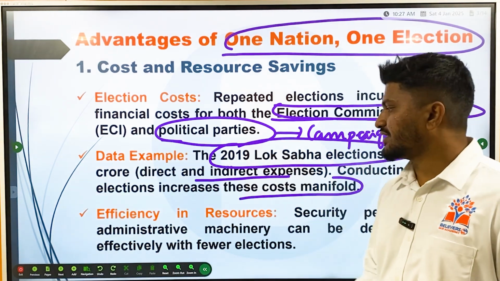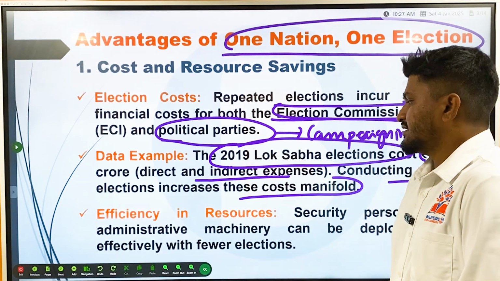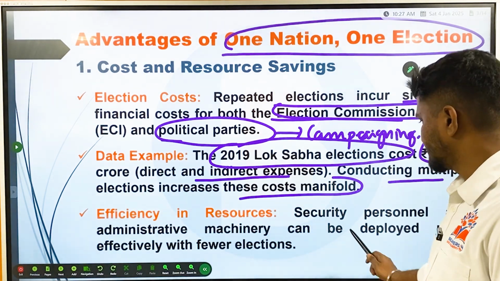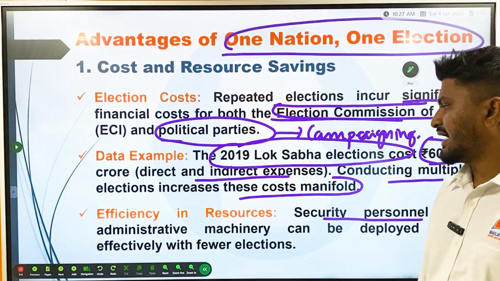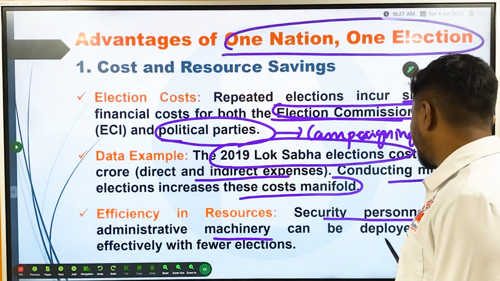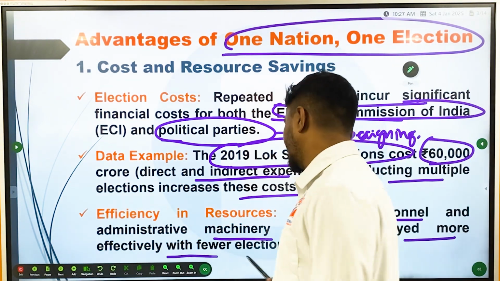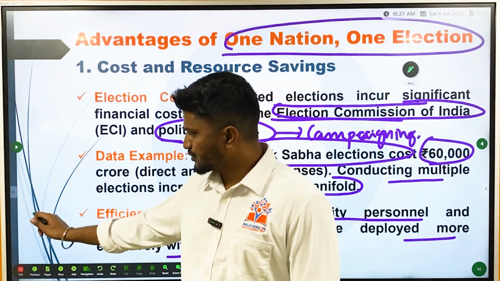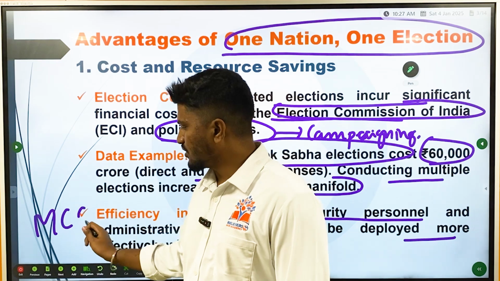Another advantage the proponents mention is efficiency in resources. That is, security personnel and administrative machinery can be deployed more effectively with fewer elections. In each election, you are supposed to enforce the model code of conduct.